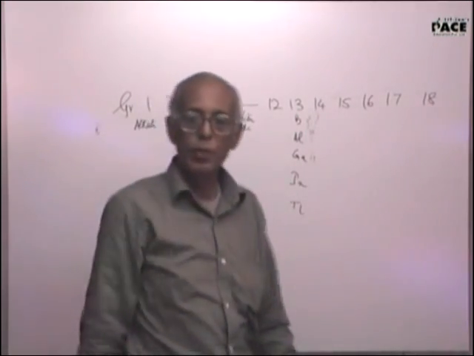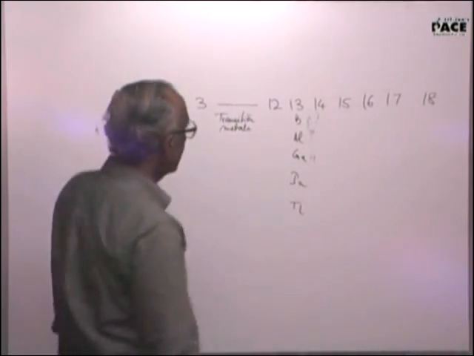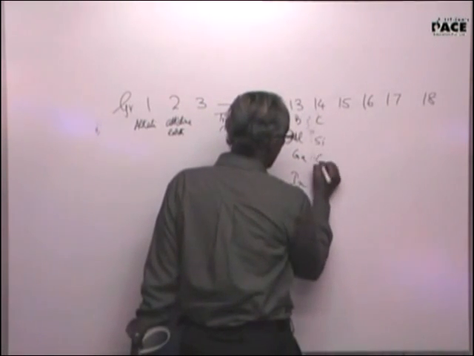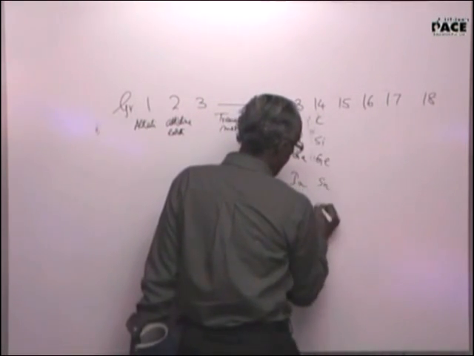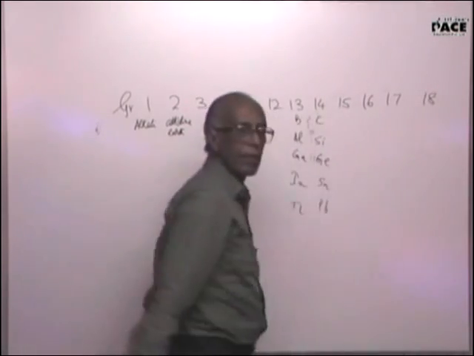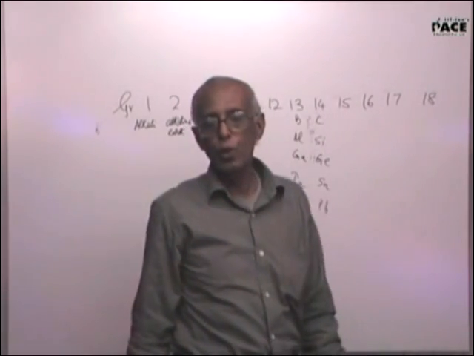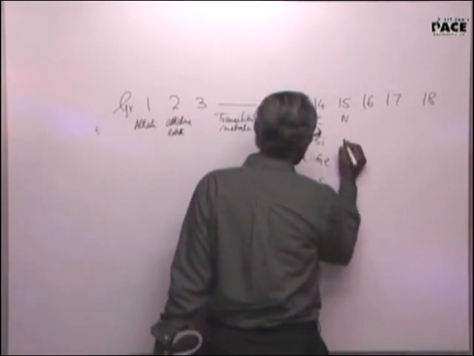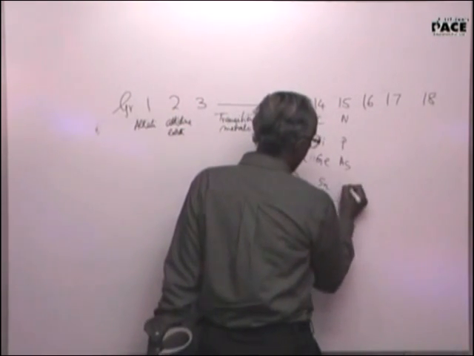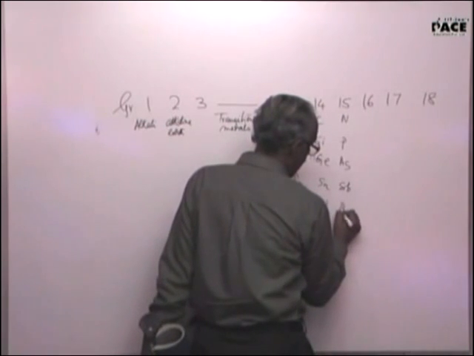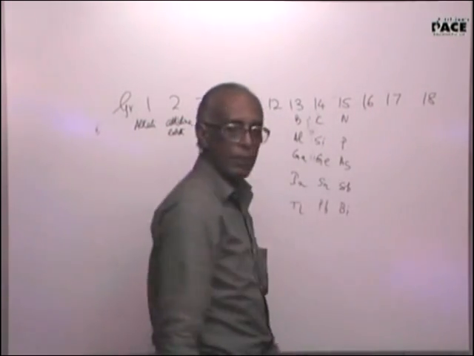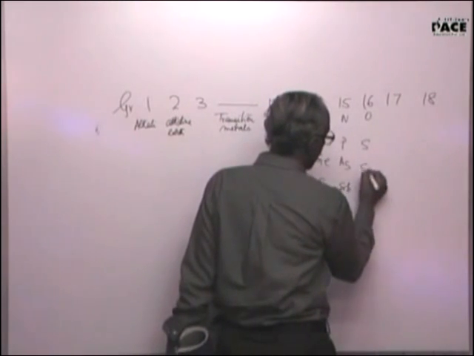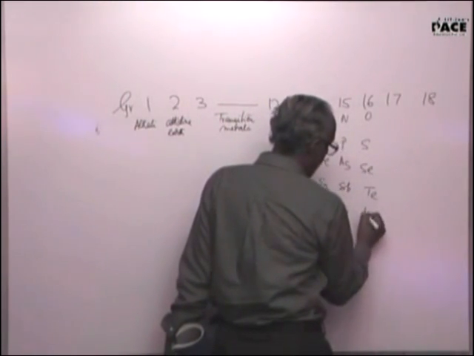Similarly, carbon, silicon, germanium, tin and lead belong to group 14. Nitrogen, phosphorus, arsenic, antimony and bismuth form the 15th group. Oxygen, sulfur, selenium, tellurium and polonium follow.